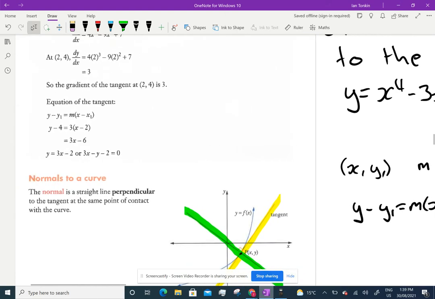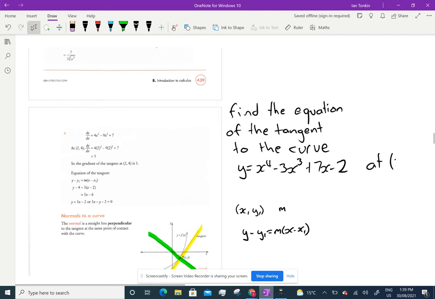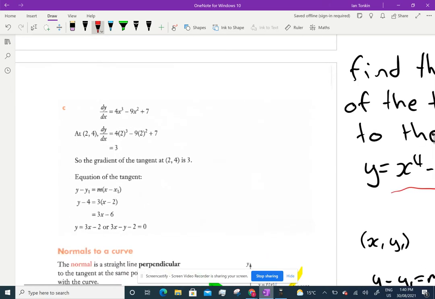So here, the question was: find the equation of the tangent to this curve, a quartic, at this point. Look at what they do. They differentiate it straight away, get a mark.